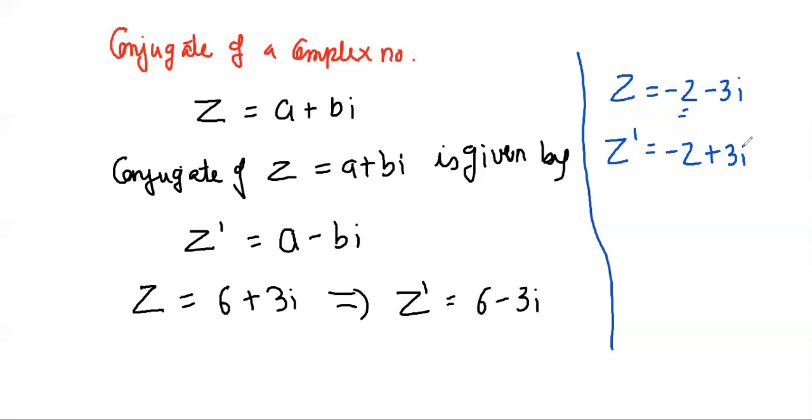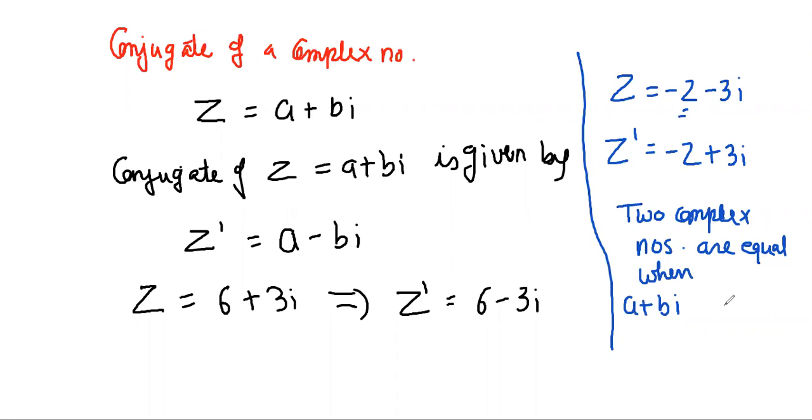Now we can see that two complex numbers are equal when they are represented by a plus bi and the other one is represented by c plus di.